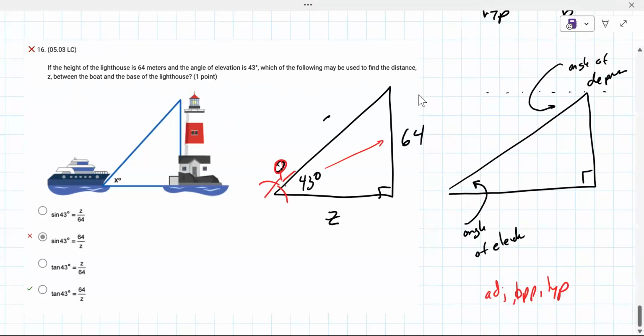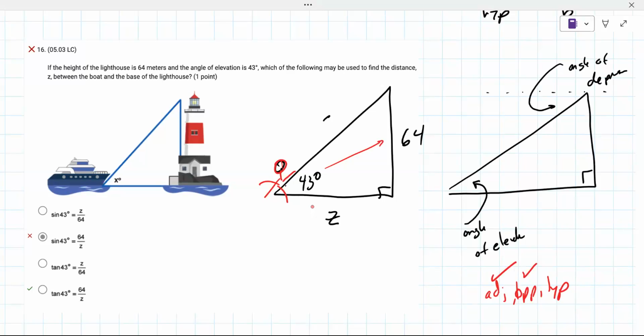Is 64 the adjacent, the opposite, or the hypotenuse? 64 is the opposite, okay? And then what you're trying to find, Z, is that the adjacent, opposite, or hypotenuse? That's the adjacent.